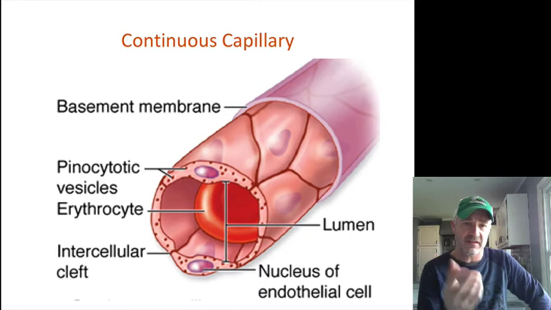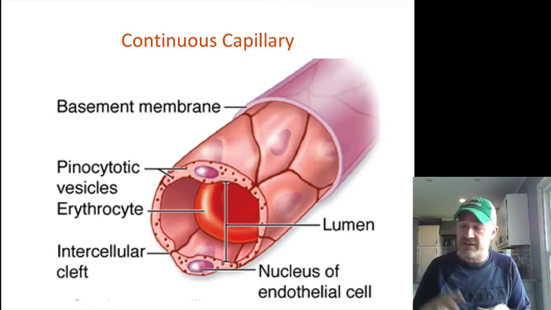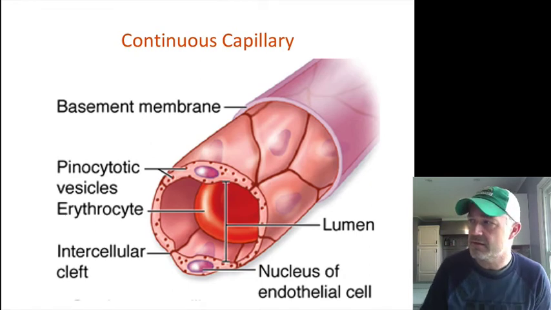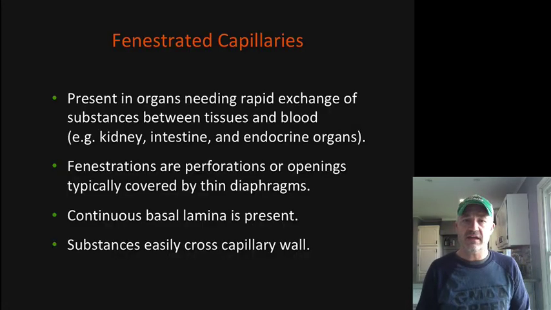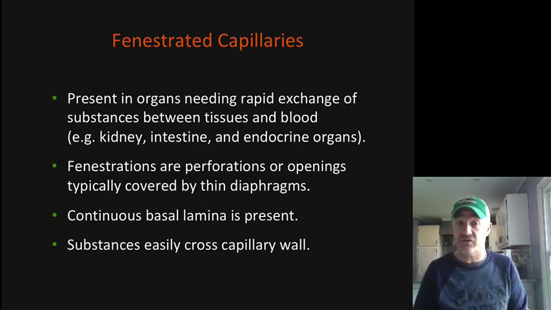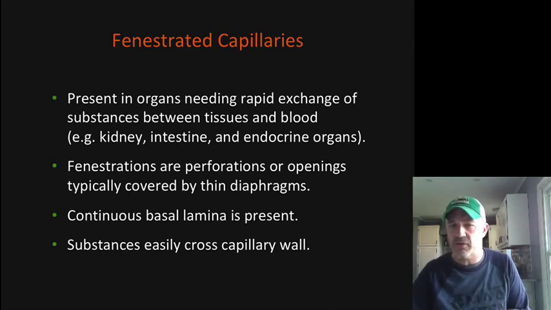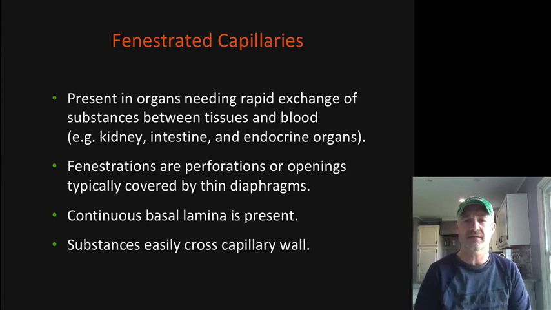So you can see in the continuous capillary, endothelial cells butt right up to one another, with a continuous basement membrane over the whole thing. Fenestrated capillaries, on the other hand, are in areas where we need a little more fluid or other stuff to travel through. These have openings with a thin membrane covering them. Again, the basal lamina is still there, but slightly bigger substances are able to get out.